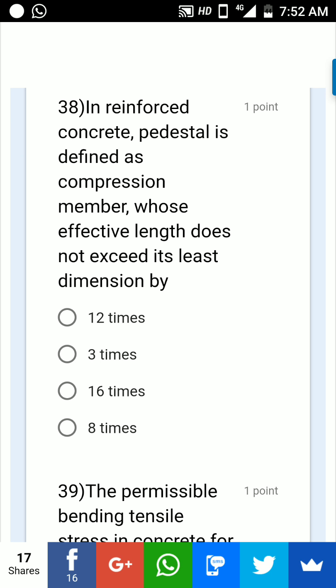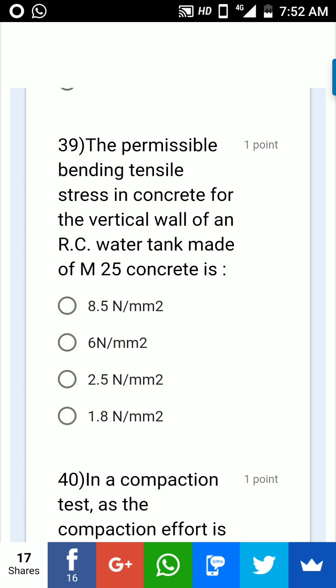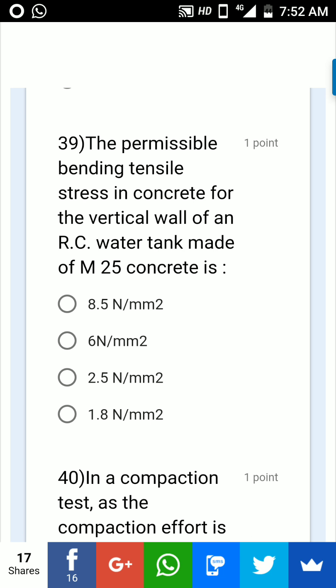In reinforced concrete, a pedestal is defined as a compression member whose effective length does not exceed its least dimension by 3 times.